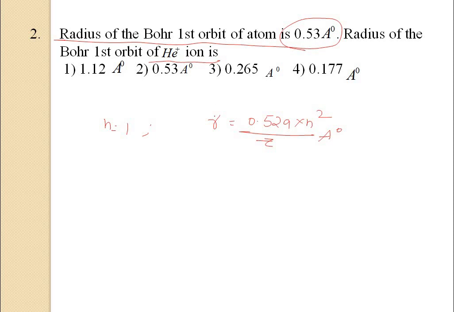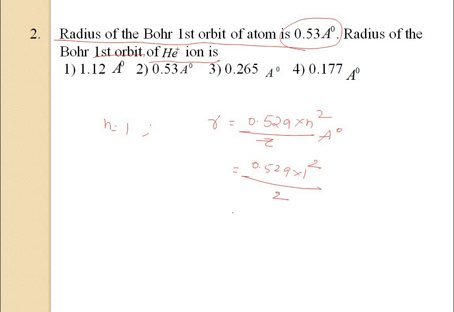So instead of comparing with the given radius, we can go directly for the answer. 0.529 into n square, for the first orbit it is 1 square, by Z. Hydrogen Z value is 1, helium atomic number is 2, so it is 2.